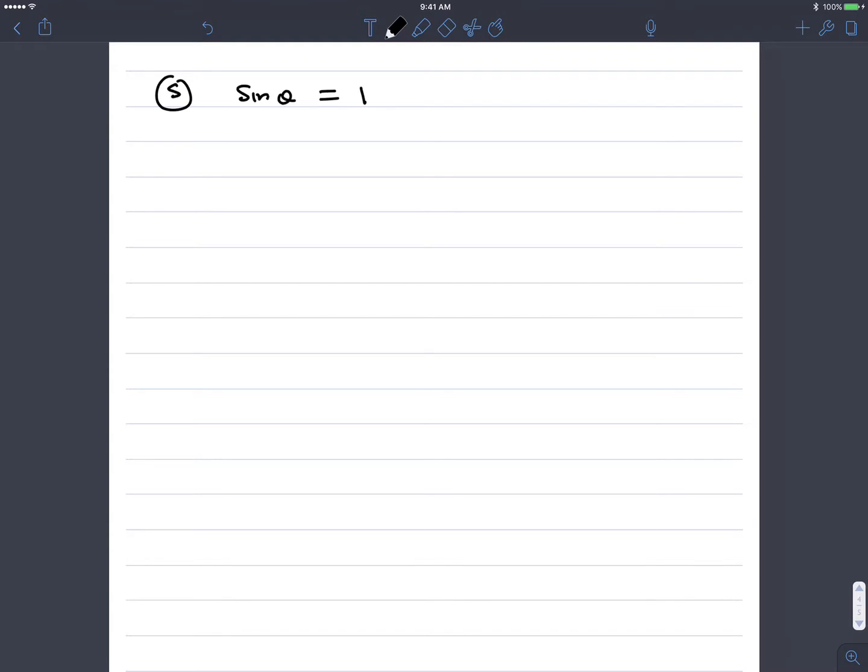So if sine theta is 1, there are different ways we could go about this. For me, I keep it a little simple. Maybe you guys know a little bit more here, meaning I think of the sine curve. Here's positive 1, and here's negative 1.